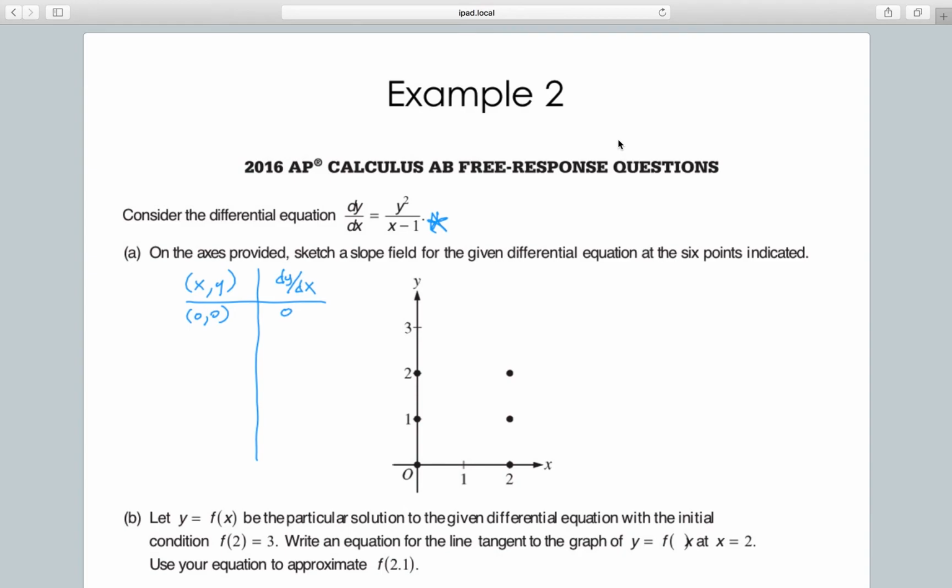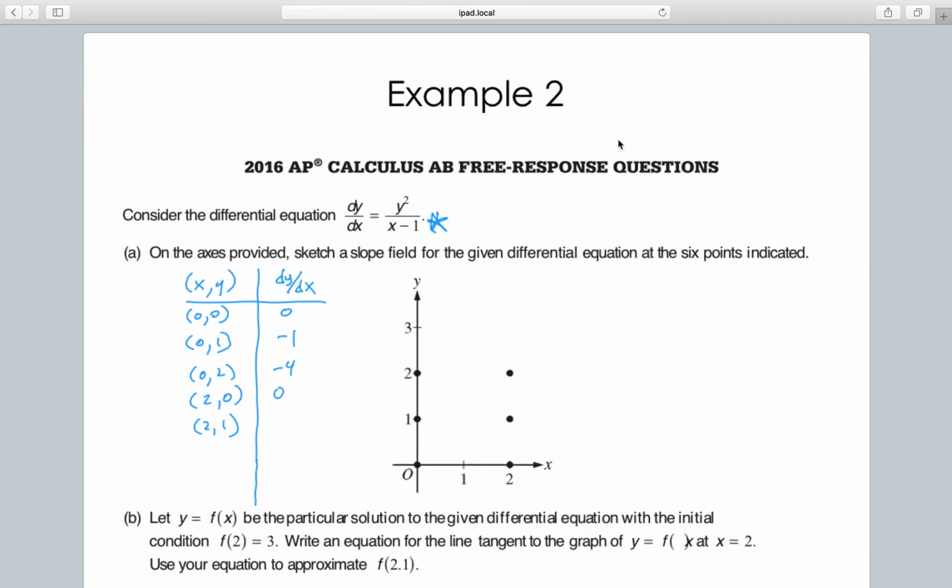Then we have 0, 1. So 1 squared over negative 1 is negative 1. Then we have 0, 2. So 2 squared, which is 4 over negative 1, would be negative 4. Great, and then we have 2, 0. So that's 0 squared over 1, which is still 0. Then we have 2, 1.